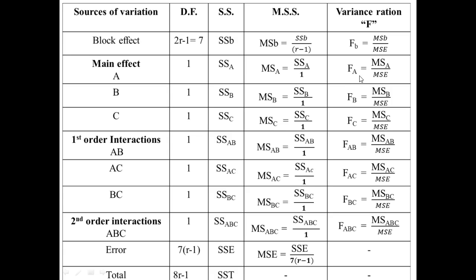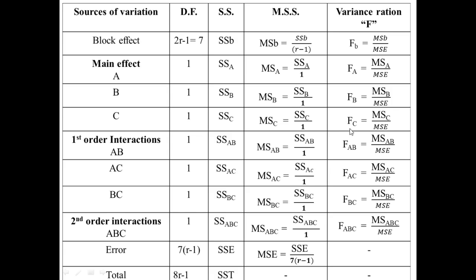So if FA is greater than critical value, then we reject our hypothesis H naught A. If FB is greater than critical value, then we reject our hypothesis H naught B, that is main effect B is significant.